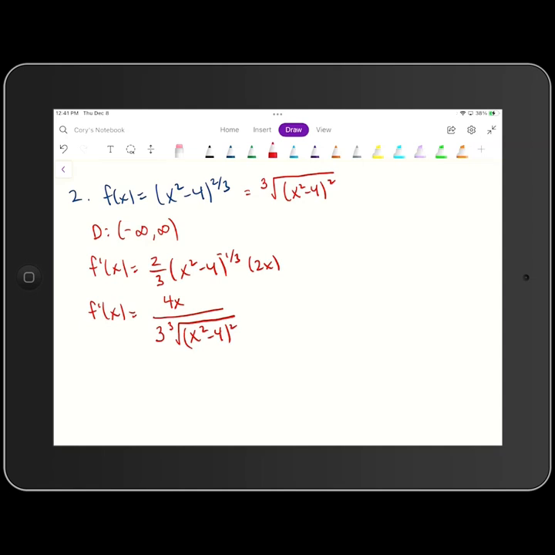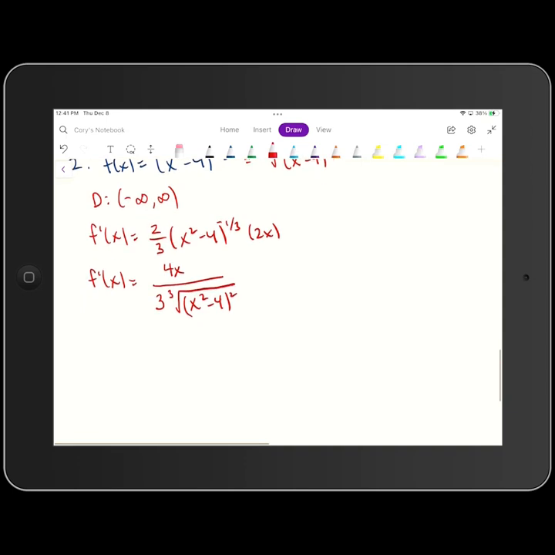Sorry, that denominator shouldn't be a square. That should be to the first power, because it's to the negative 1/3 power.